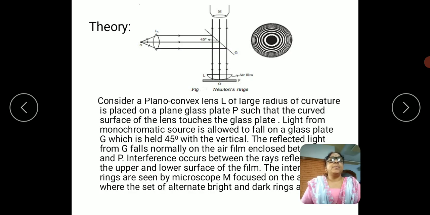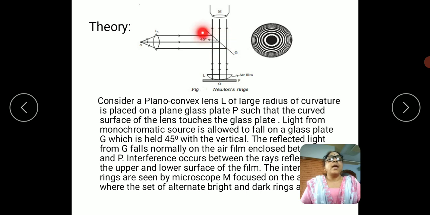Let us study the theory part of this Newton's rings experiment. Consider a plano-convex lens L and a glass plate P, and keep the lens L touching the center of the glass plate P. Consider a monochromatic source of light, and after passing through the lens L1, the rays come straight towards the glass plate G, which is kept at 45 degrees to the normal.